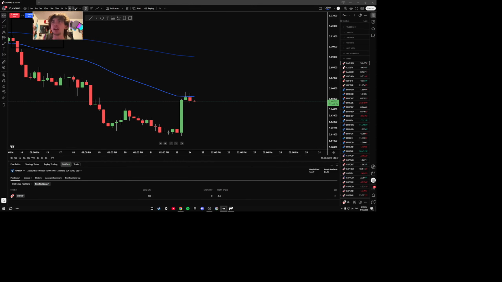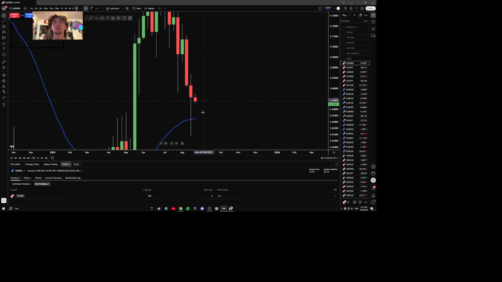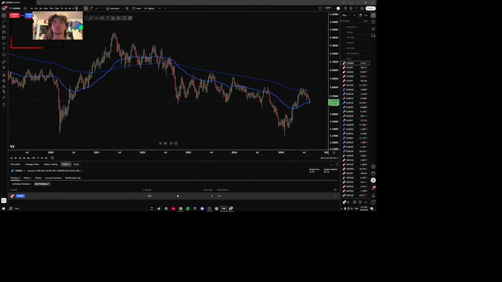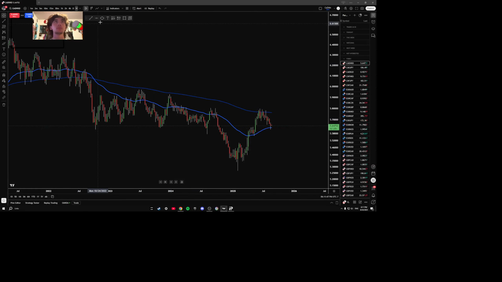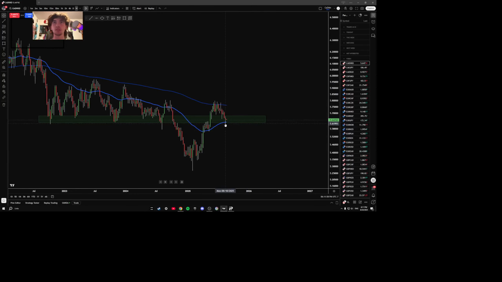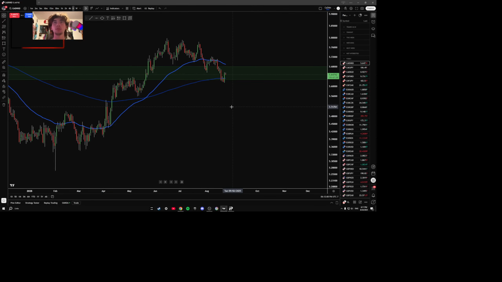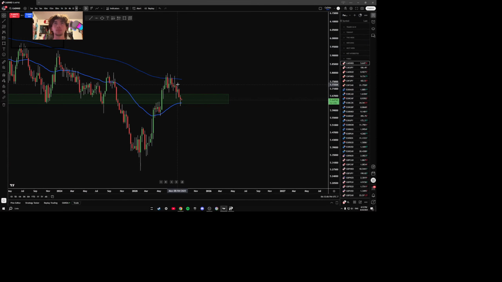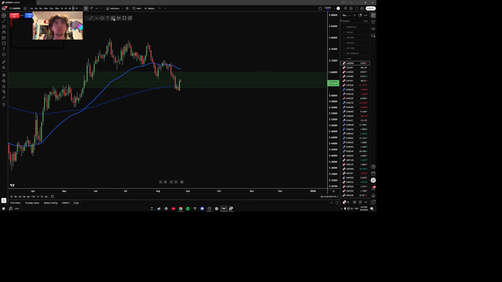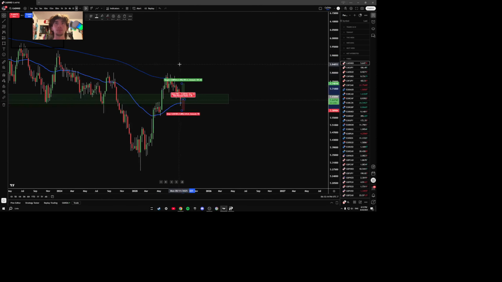Alright, moving on. CAD HKD. Alright, cool. So immediately on the weekly time frame, I see this area of interest. Break and retest. We've closed into it. We have a daily engulfing.